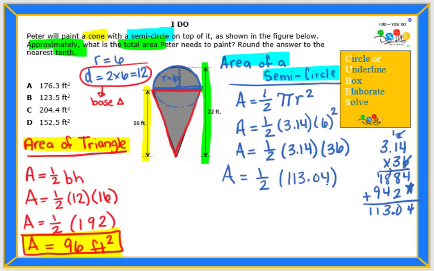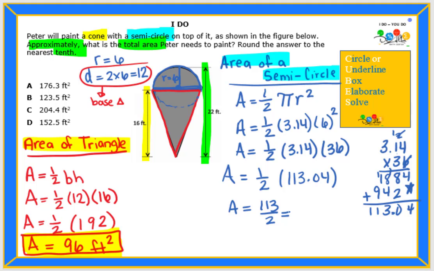Now let's remember that this said round to the nearest tenth. To the nearest tenth means just one number behind the decimal. And we're trying to get half of 113.04. So I think what I will do is turn this already into tenths place. So that would just be 113.0 to the tenths place. If I divide 113 by 2 to get half, I should be approximately in the right place, right?